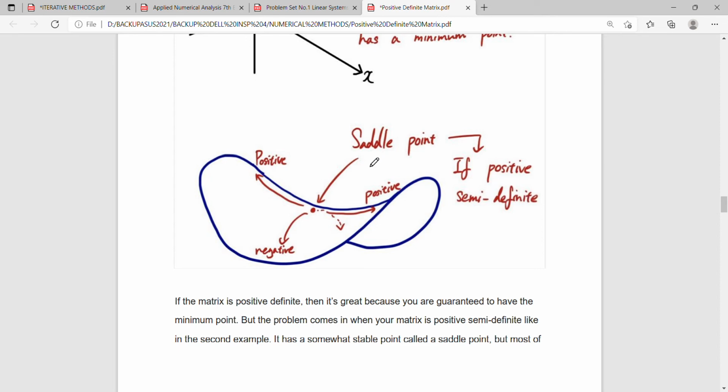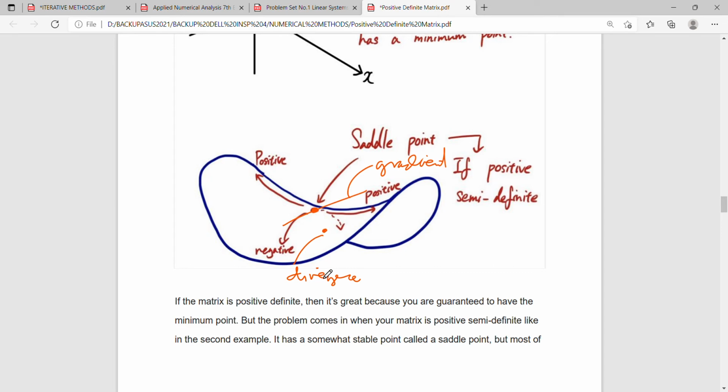Sometimes you will be lucky enough to let the ball stay in this position, which is neither the minimum nor the maximum value of the gradient involved here. That's why it's very difficult. What if you start the trial solution here? It cannot go up, but it will fall down and yield to divergence.